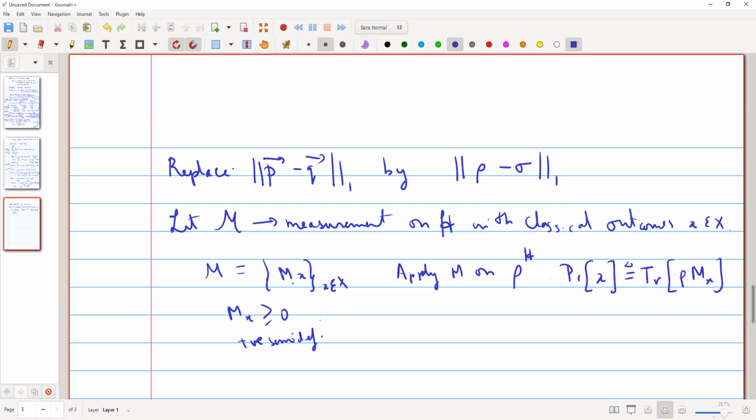It just means positive semi-definite matrices, where 0 is really the zero matrix of H. And the sum over X of Mx is the identity of H. Okay, these are the measurement operators. So the probability of getting the classical outcome x is trace of rho Mx. Okay, so now M is a measurement on H with classical outcomes indexed by the little x.